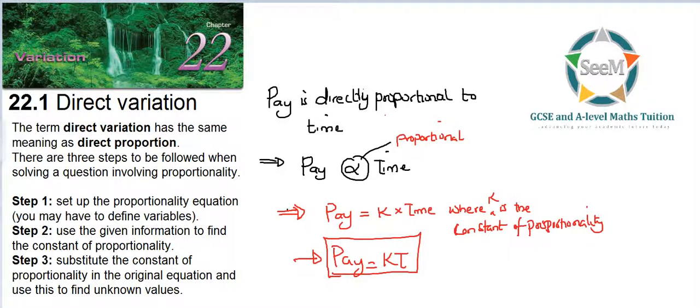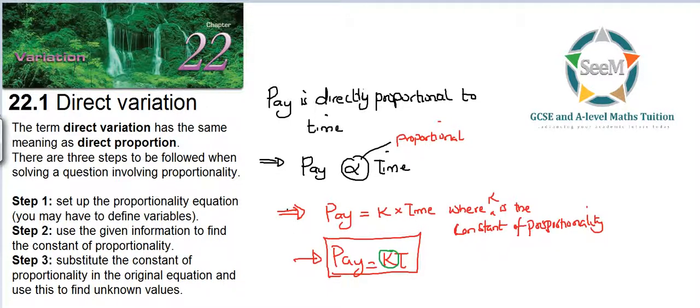Step two is to use the given information in the question to find the constant of proportionality, that is the k. And then step three is to substitute the constant of proportionality into the original equation and use that to find any other unknown values.